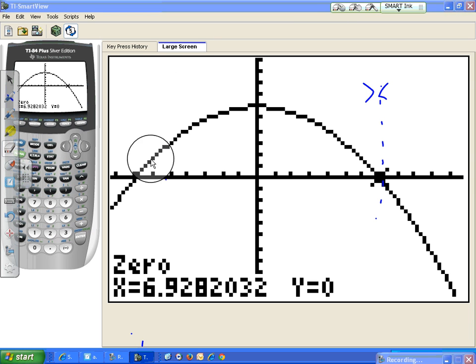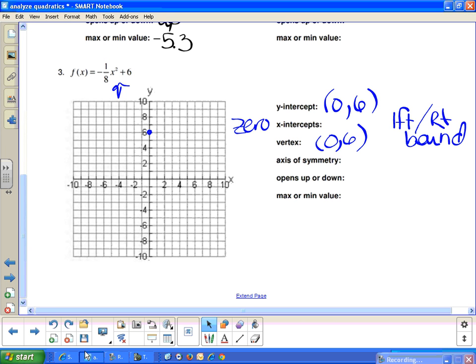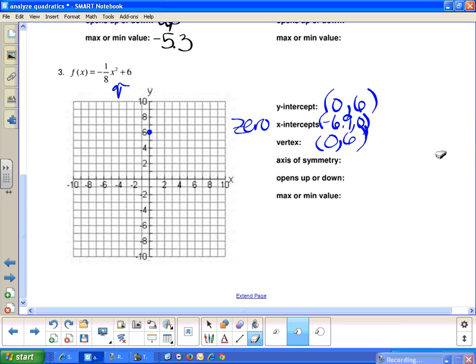Let me get rid of these lines so we can draw it. So if we go back to my paper, we have our intercept, negative 6.90, and this one over a little, and positive 6.90.